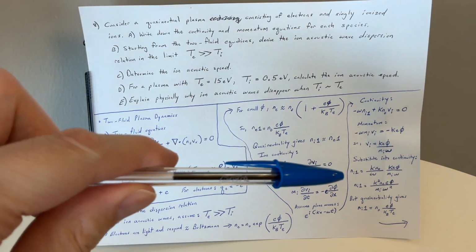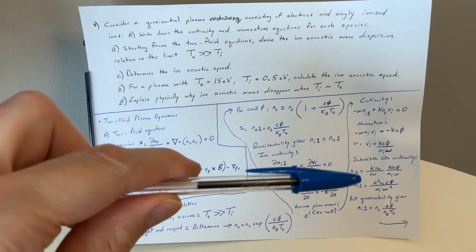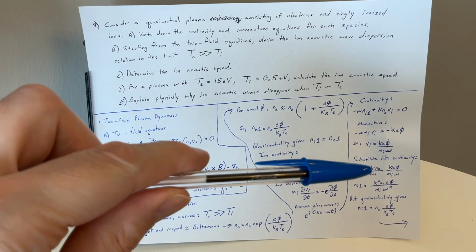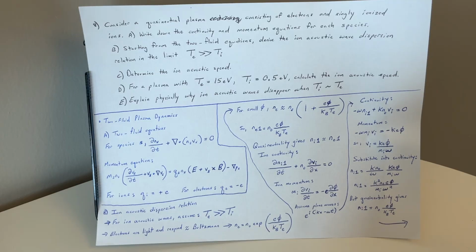So n_i1 equals k n_0 over omega times the quantity k e phi over m_i omega. So n_i1 equals k squared n_0 e phi over m_i omega squared.